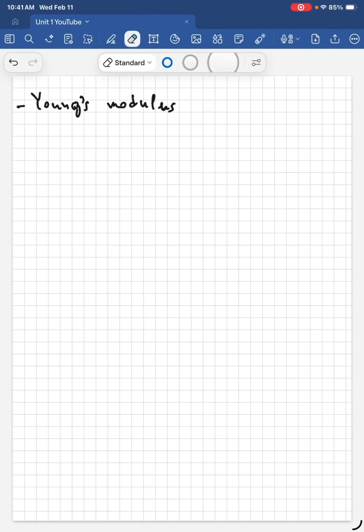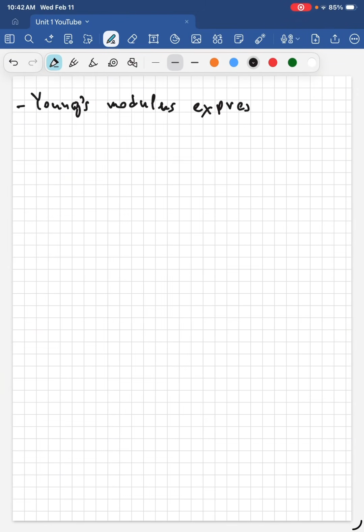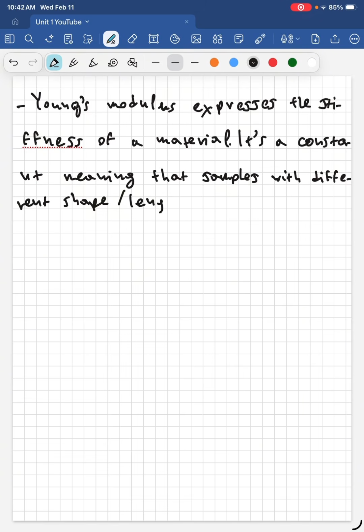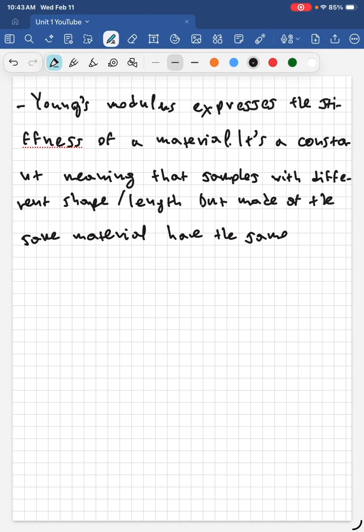It's a constant, meaning that samples with different shape or length, but made of the same material, have the same Young's modulus.